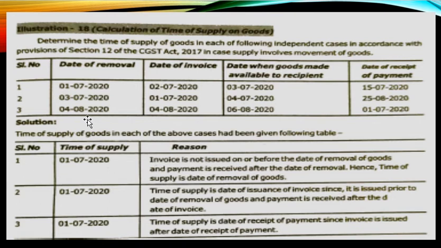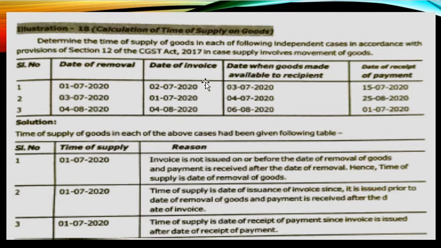In the first case, if you look into the days, whichever is early will be applicable. Among these dates in the first case, the date of removal is early, which is 1st July 2020. So we will be considering that as time of supply. The reason is invoice is not issued on or before the date of removal of goods.